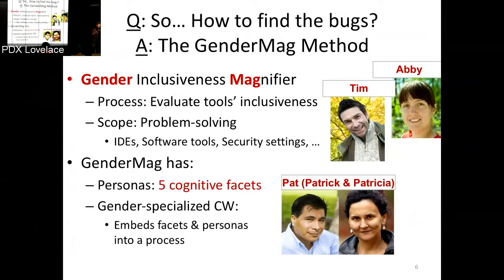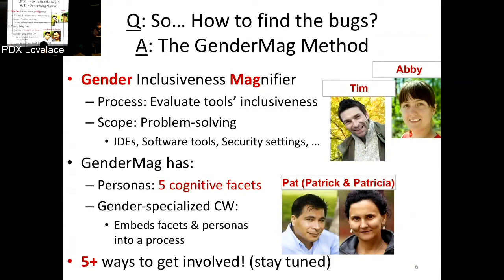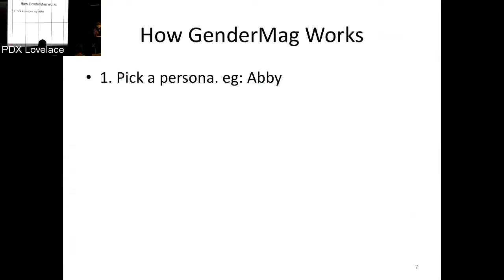Usually turns out to be women, but not always. Okay, so we have these personas and we embed them in a process that sort of walks you through a particular set of questions for each persona. I'm also going to talk about a whole bunch of ways to get involved in this kind of work so that you can go out there and sort of walk the talk and help me change the world.